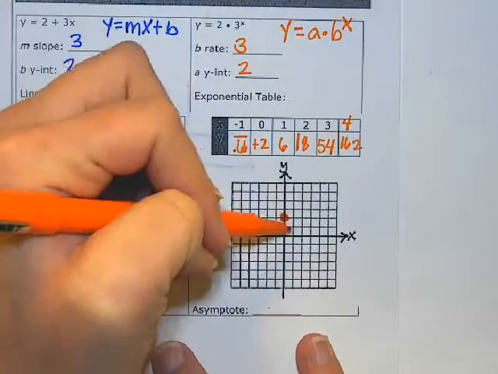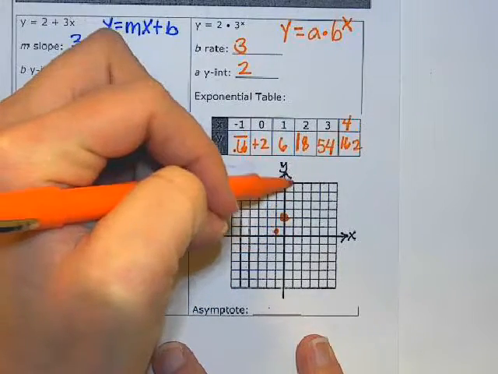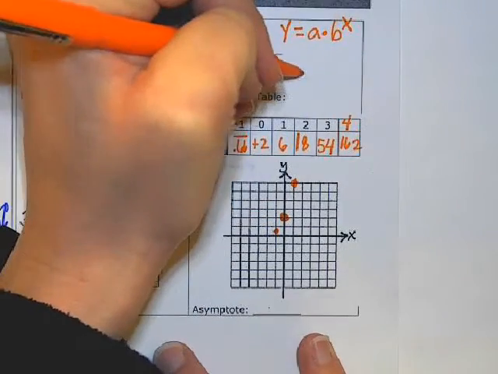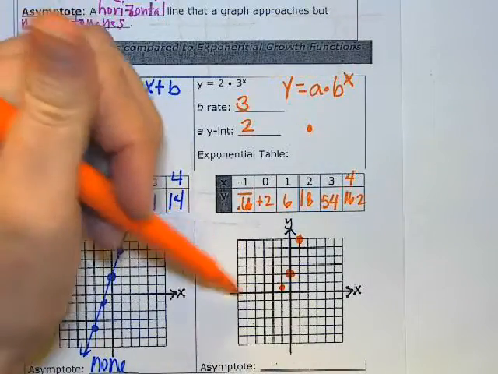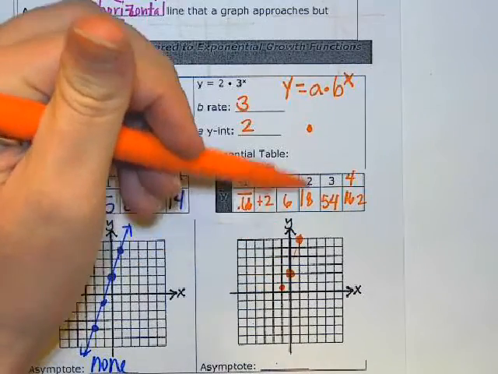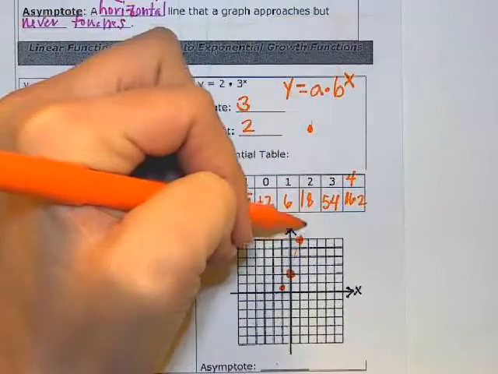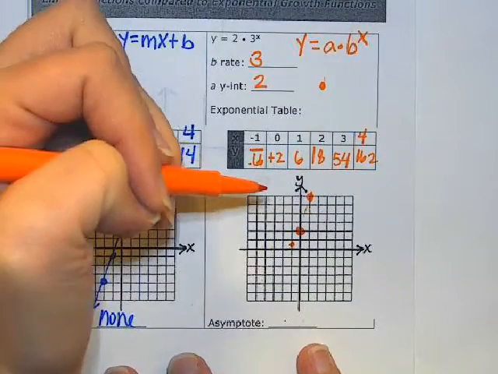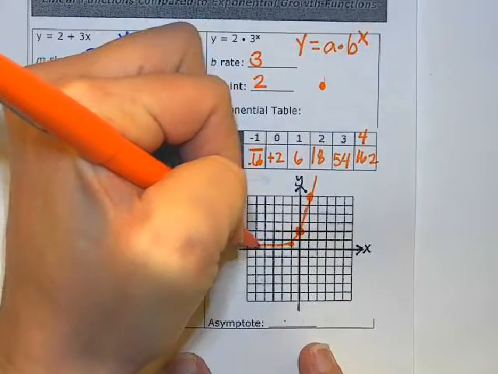When x is 1, y is 6. 1, 2, 3, 4, 5, 6. 2 and 18, that would be somewhere way up here, right? If you notice how large the numbers are getting very quickly, it's got to go super up. So now if I draw it, remember, it's got an asymptote, and right now the asymptote is the x-axis. So when you draw your line, don't let your pencil touch the x-axis.